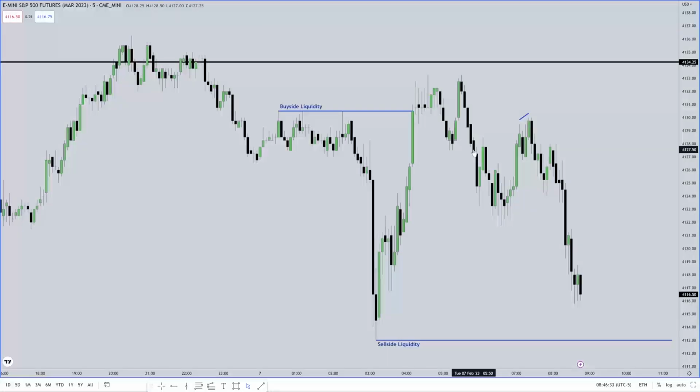Once we have that, then we can go back through all this price leg here and look for inefficiencies. That means a specific fair value gap. Now, once you have that price leg identified, you want to go through all your time frames. 5, 4, 3, 2, 1. Right now, I'm showing you on a 5-minute chart.